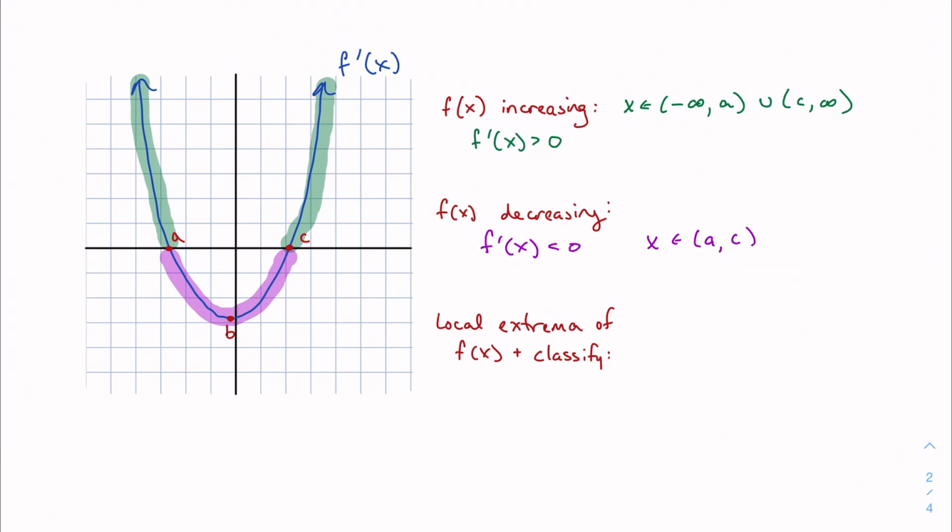Now, find the local extrema of f of x and classify them. So I need to look at my critical values, right? My critical values occur when the derivative is 0. So when is the derivative 0? At a and at c. If I look at a, I'm moving from a positive derivative to a negative derivative.